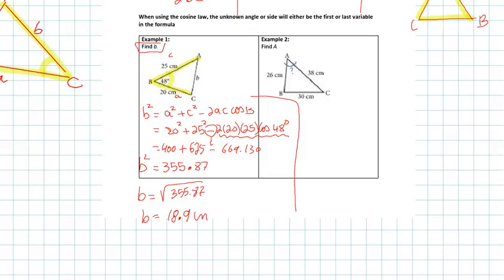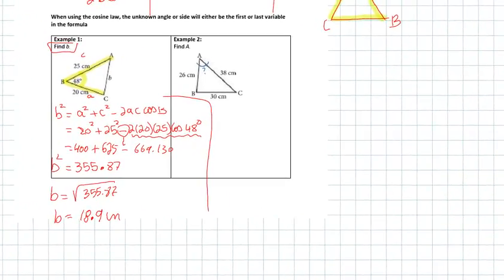I always tell my students it's easier to check if it's cosine or not. Cosine has to be the 2 sides and the angle between them, or it has to be all 3 sides. But if it's not this nor that, then it's sine law. Again, this is an oblique triangle.